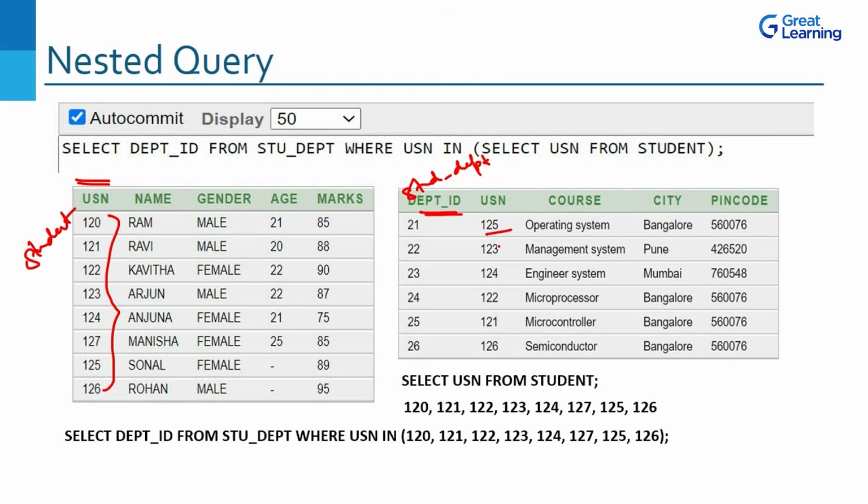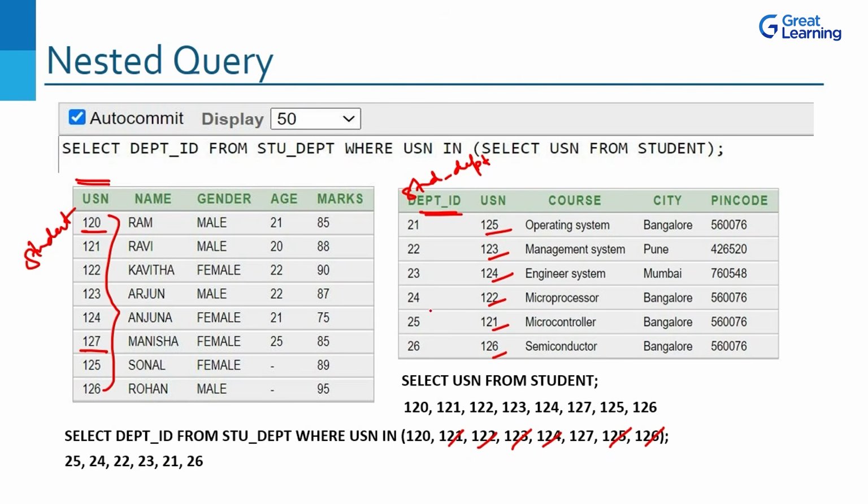So we have 125, let's cut this, 123, let's cut this, 124, let's cut this, 122, let's cut this, and 121 and 126. So these are all my values, and depending on that, what all department IDs do we have? 21, 22, 23, 24, 25 and 26. Correct? If you see here, for 120 and for 127, we have not got any department ID.